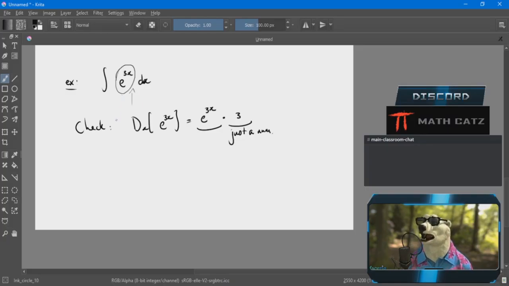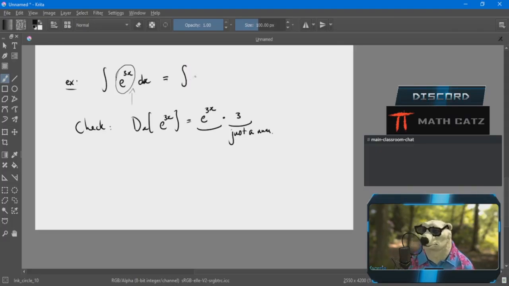Now we could go the same route as the reverse power rule, and there definitely is more than one way to go here, but to be consistent, I want to go this way. I want to see both parts of the chain rule in my integral portion.